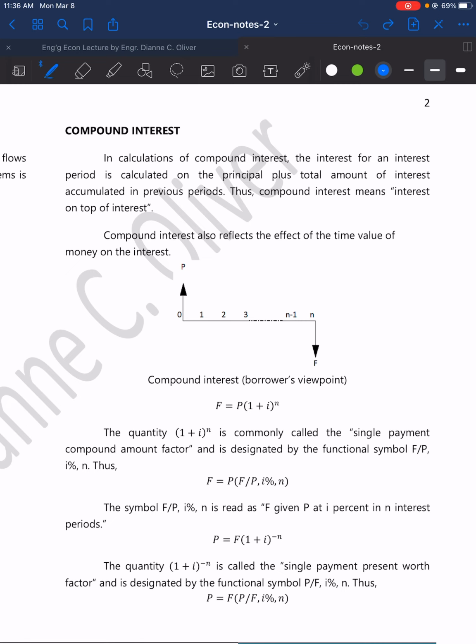So we have here compound interest from a borrower's viewpoint. This is the present worth and this is the future worth in a specific span of time.